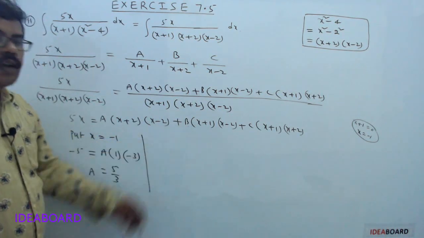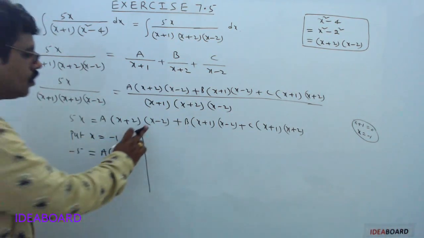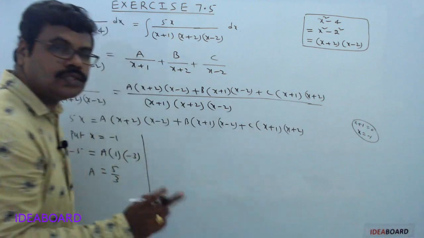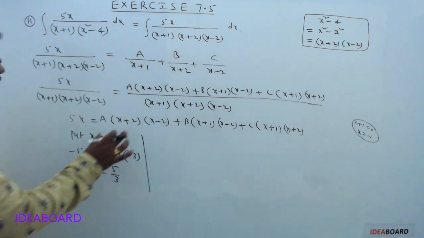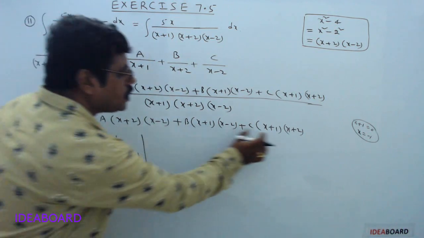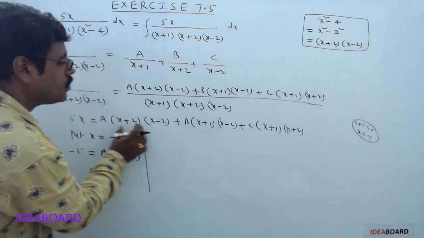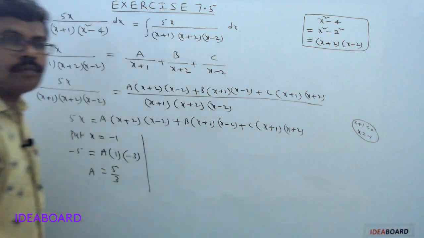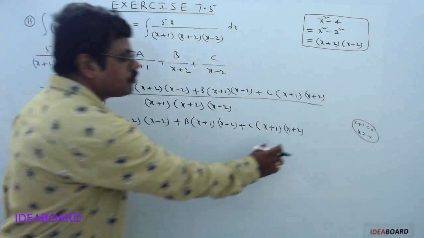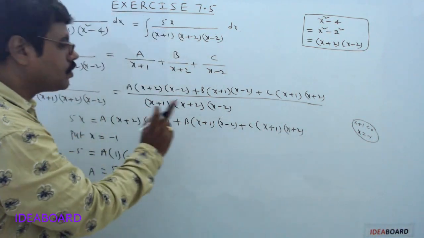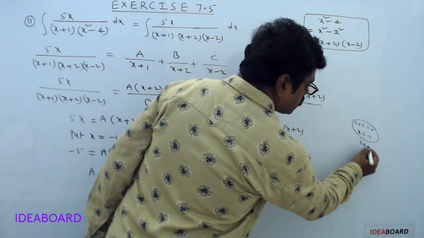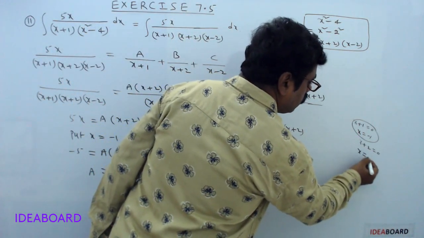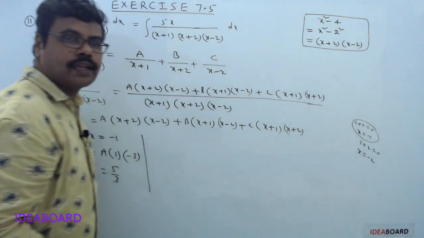To find the value of b, make the first and third terms 0 simultaneously. Observe that x plus 2 is the common factor for the first term and the third term. Equating the factor to 0, x plus 2 is 0, x equal to minus 2.